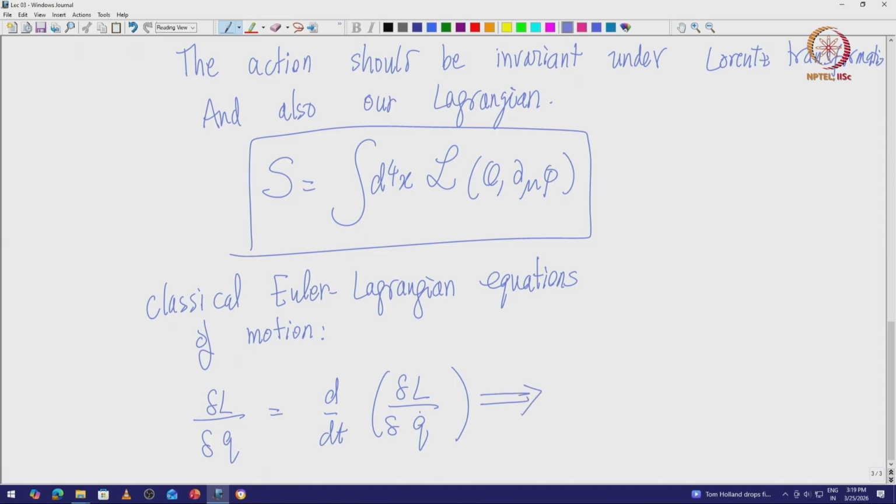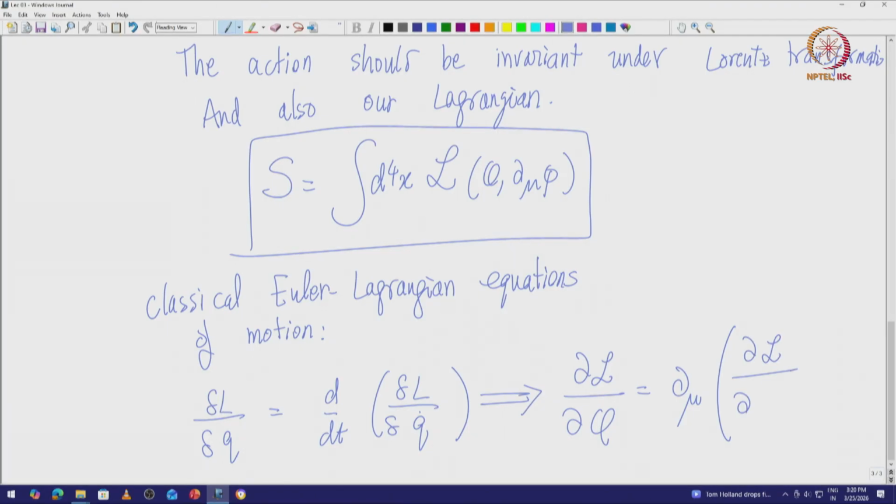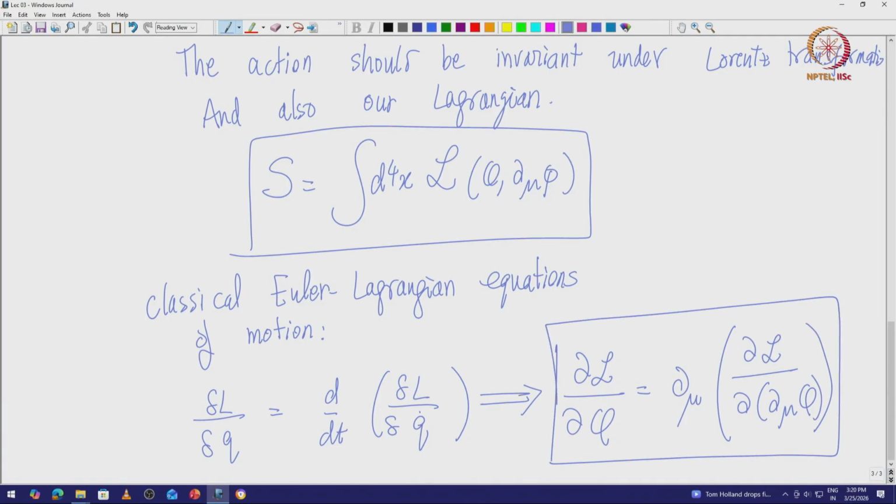This gets transformed into, so the Lagrangian equations of motion are given by this. So, they get transformed. This is the relativistic form.